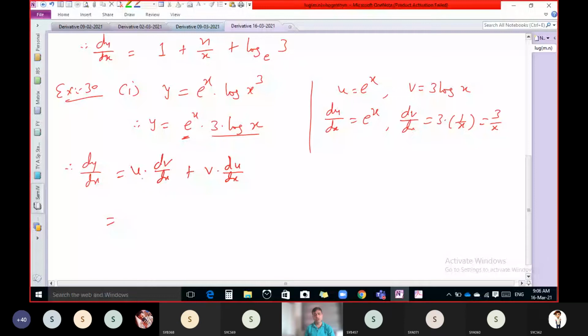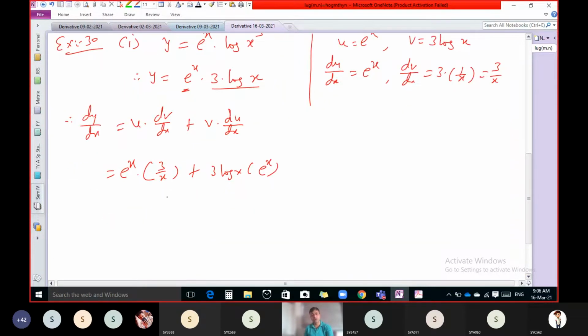So e raised to x into dv by dx, which is 3 upon x, plus v, which is 3 log x, into du by dx, which is e raised to x. So this is my final answer.